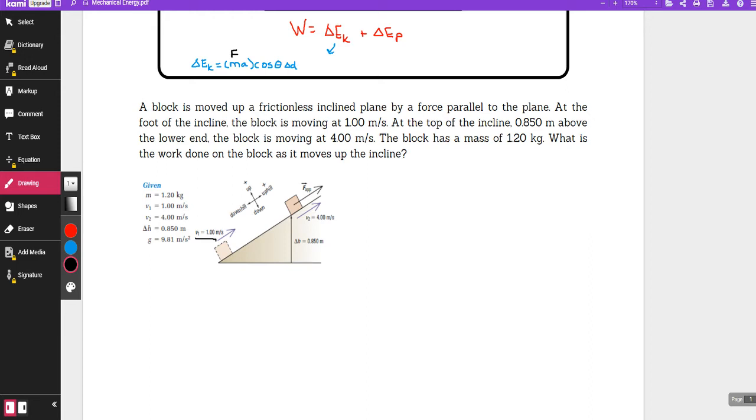Okay, so we have all our wonderful variables, and we have our new formula here. W is equal to the change in the kinetic energy plus the change in the potential energy. We know that this EK can be written a few different ways. It can be written with worrying about cos theta.